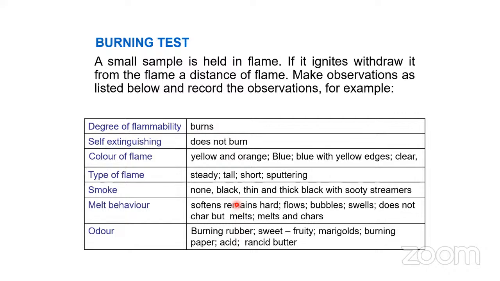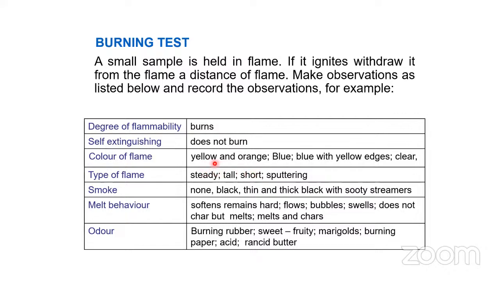So what observations can happen in this case, we will see. A small polymeric sample, if you hold it in a flame and it ignites, withdraw it from the flame, keep a distance from the flame, and make observations as listed below.